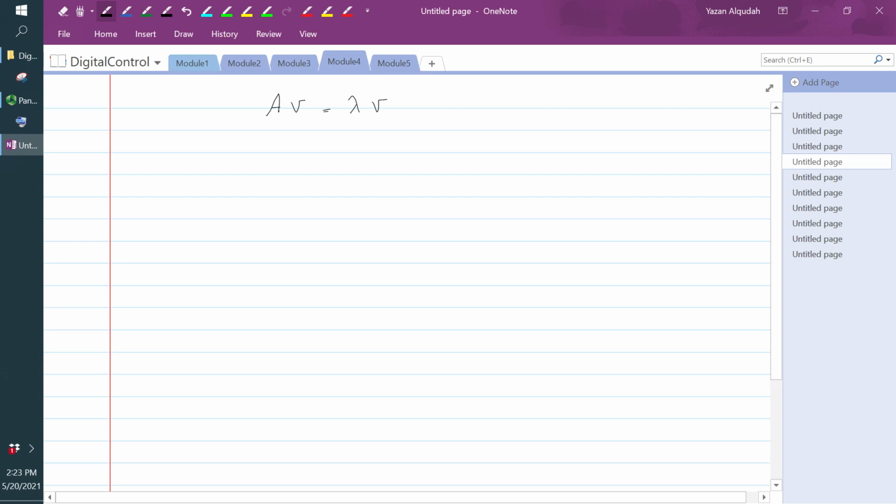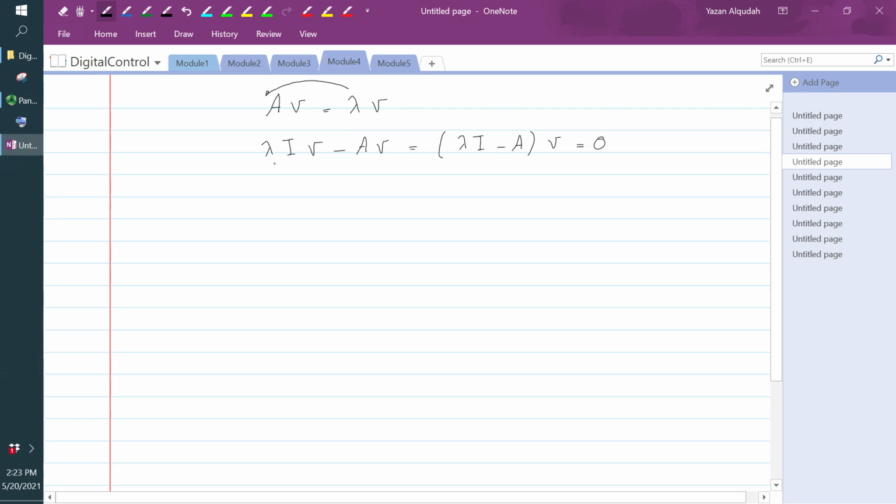I can move this to the other side, and then I can say lambda multiplied by I, the identity matrix, minus A, multiplied by V, must equal 0. Because these were equal, I move it to the other side. Then if I subtract lambda V from both sides, this is going to equal 0.